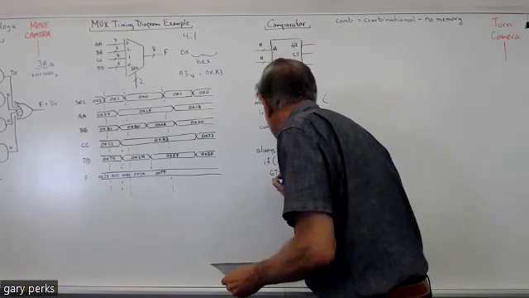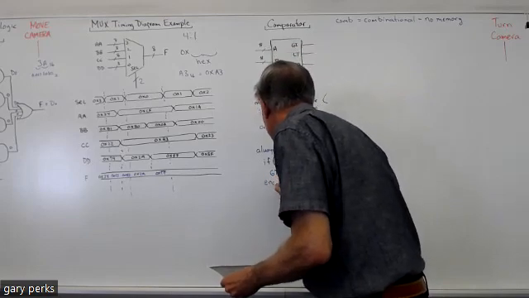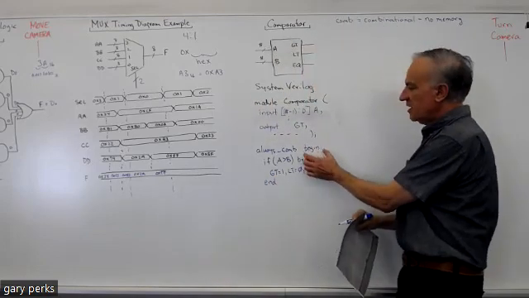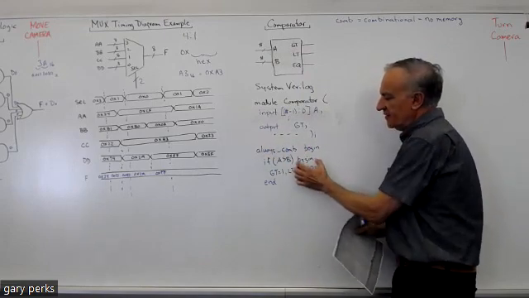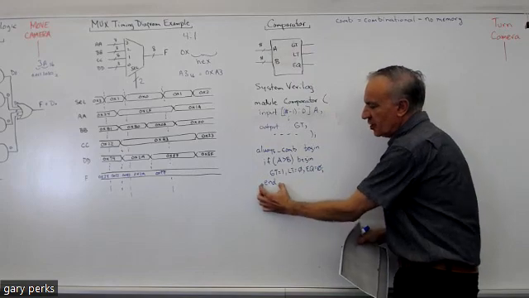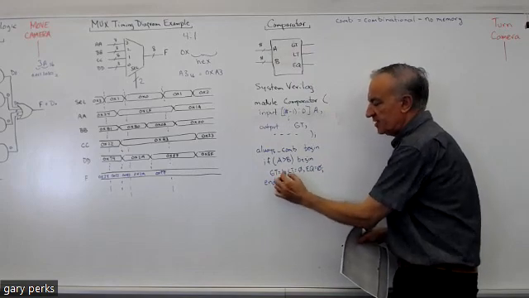And then we would put an end. So this begin is for the always_comb. This begin is for this part of the if statement.